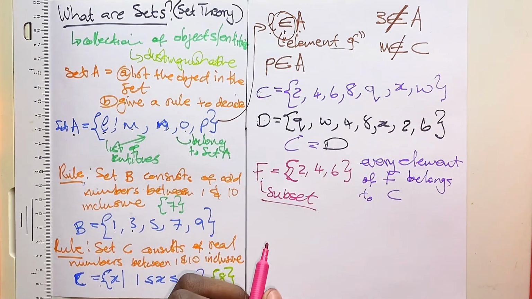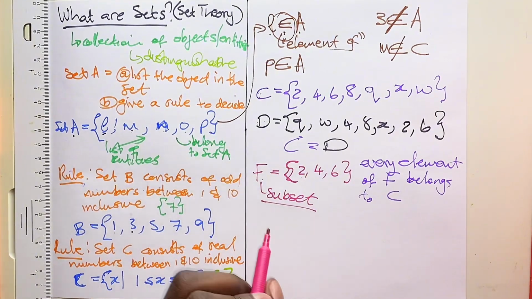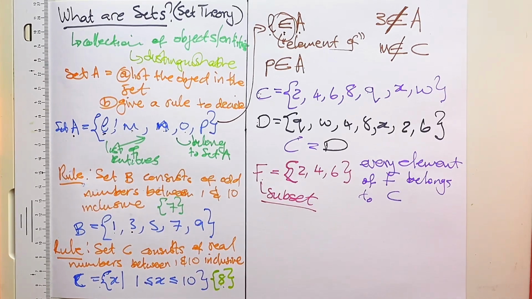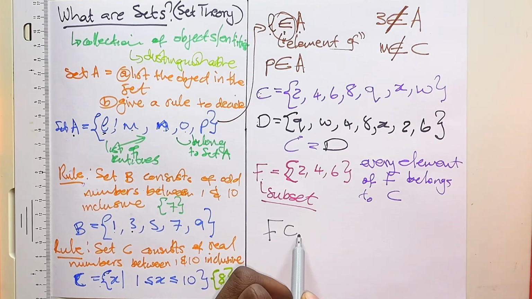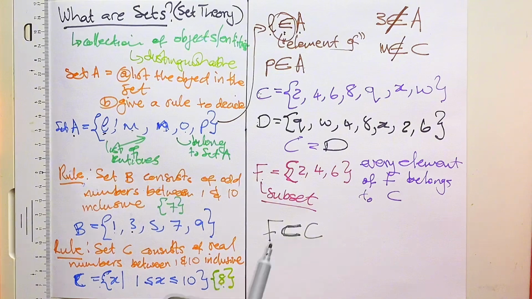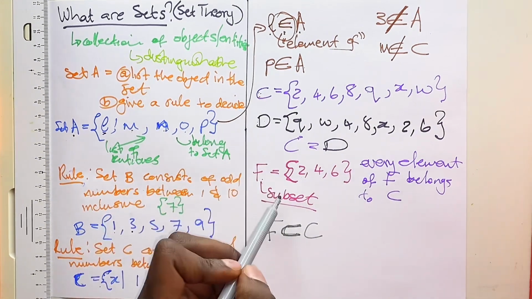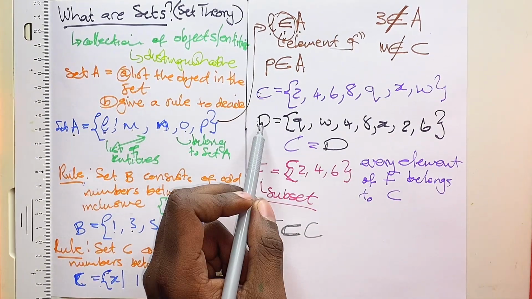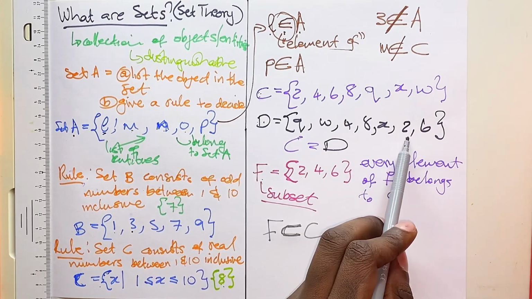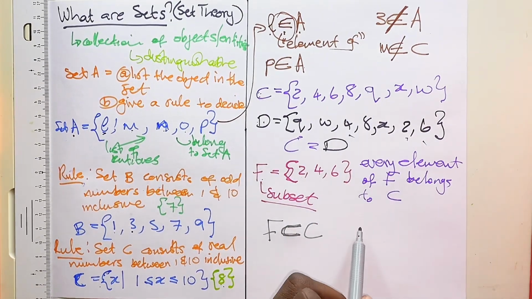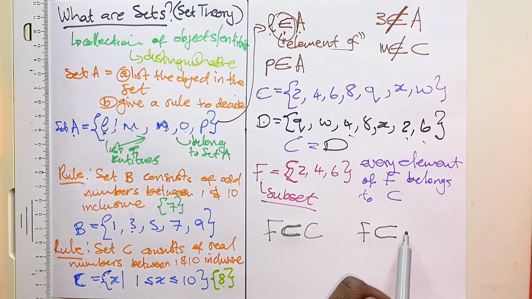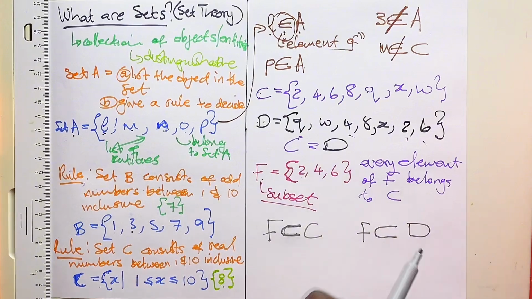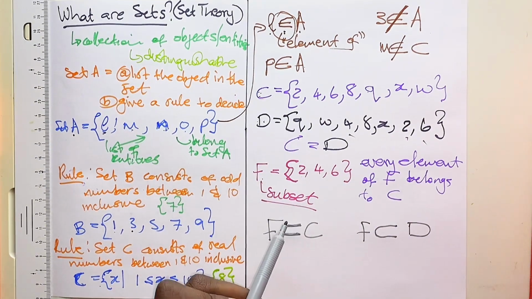The way that we are going to represent this in mathematical terms is to say F is a subset of C. Also, you may notice that all the elements in F exist in D because there is 2, 4, and 6 in D. So F is a subset of D. And that's how we represent it in mathematical terms.